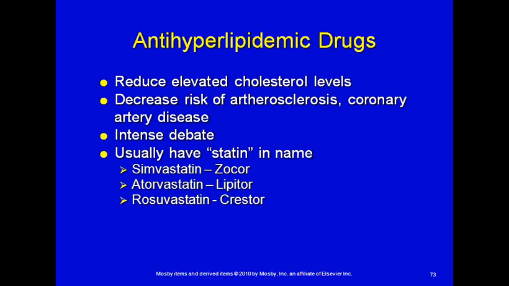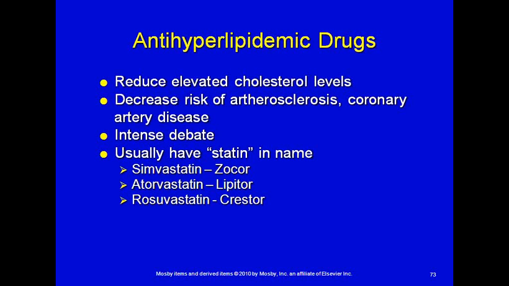There's no debating the fact that if you have cardiovascular disease and your cholesterol is high, you should take a statin. The concern comes from all the patients that have no cardiovascular disease, but their cholesterol is elevated, so they're placed on a statin. That's what's being debated.